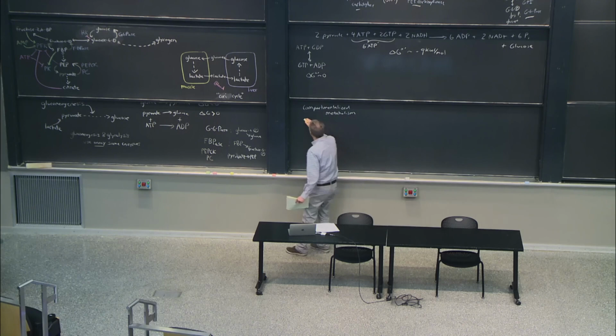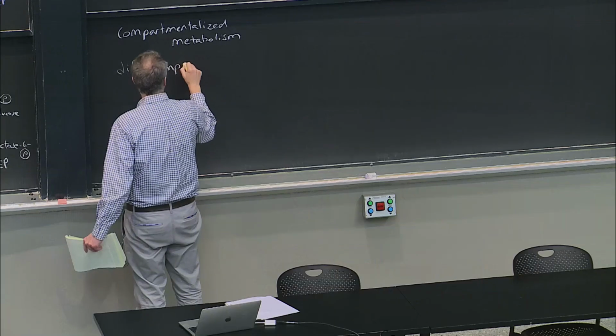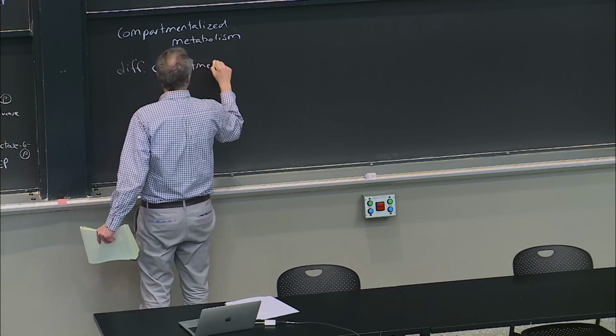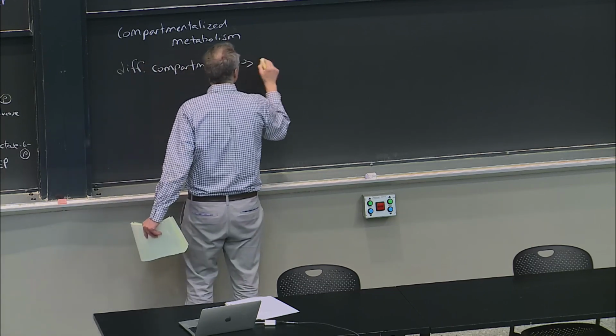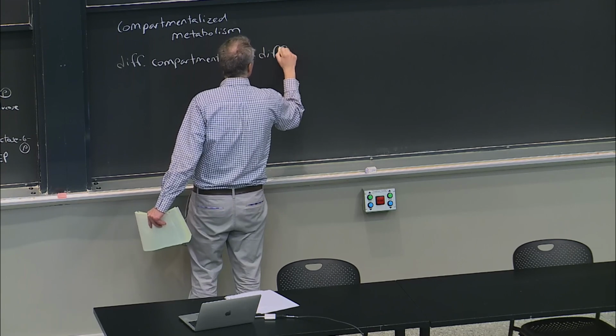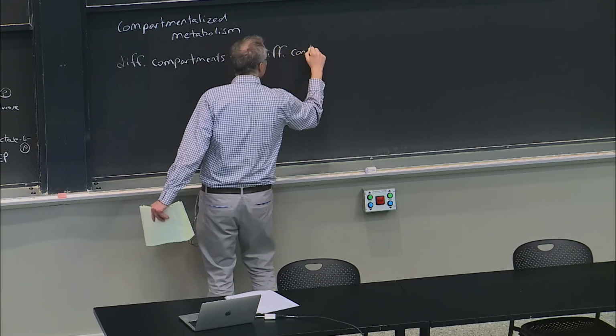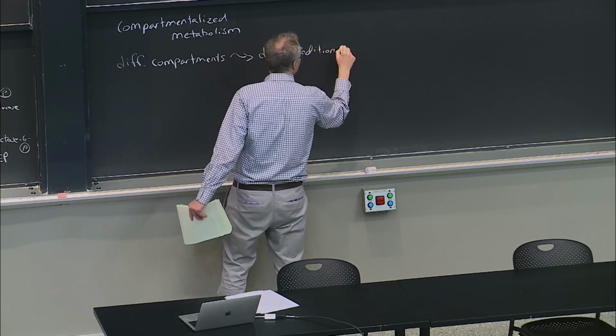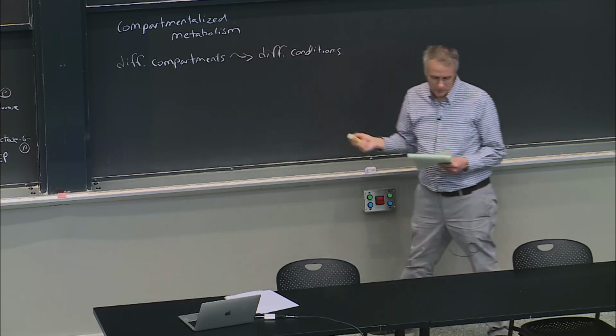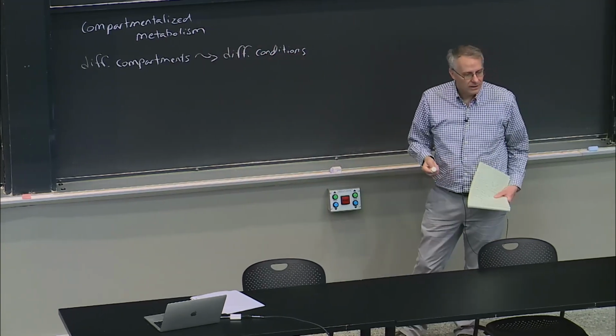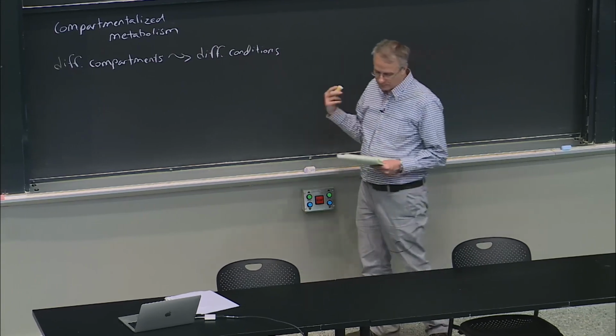Well, what does that mean? If you have different compartments, that means you can create different conditions within each compartment, and that's very important for metabolism. Well, why is that important for metabolism?